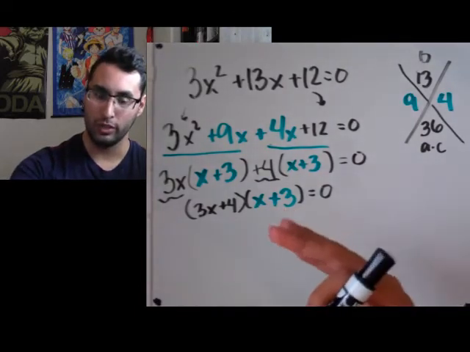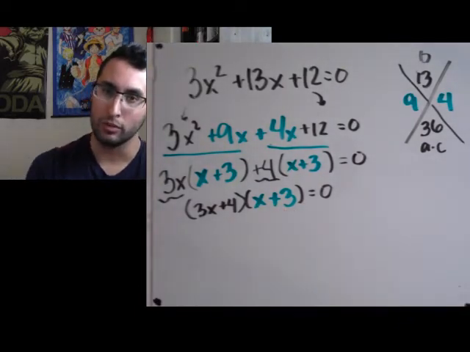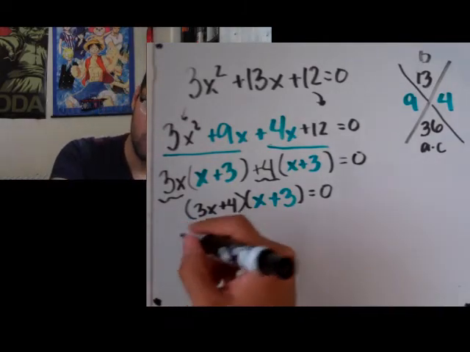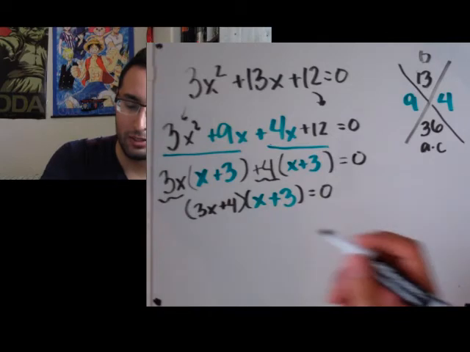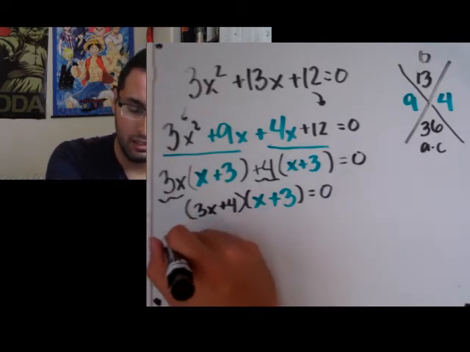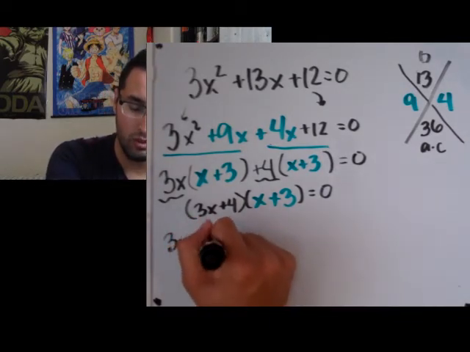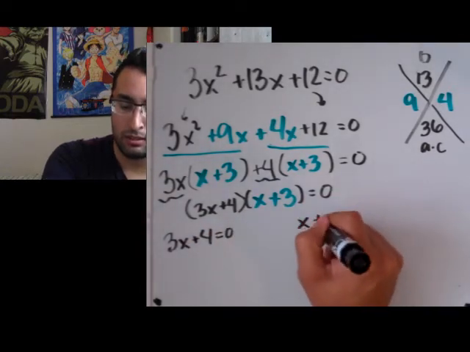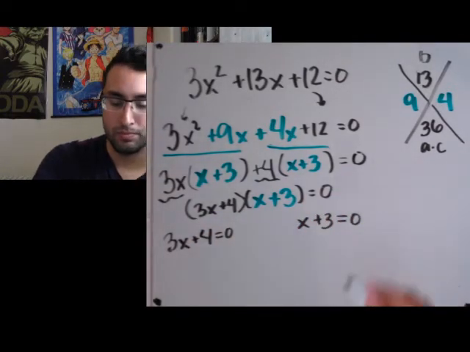And if you remember from solving when a equals 1, this is a student's worst nightmare. So we're going to have 3x plus 4 equal to 0, and x plus 3 equal to 0.